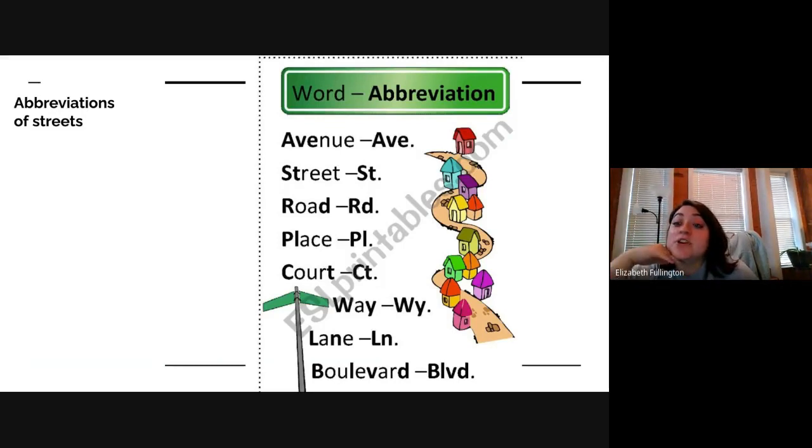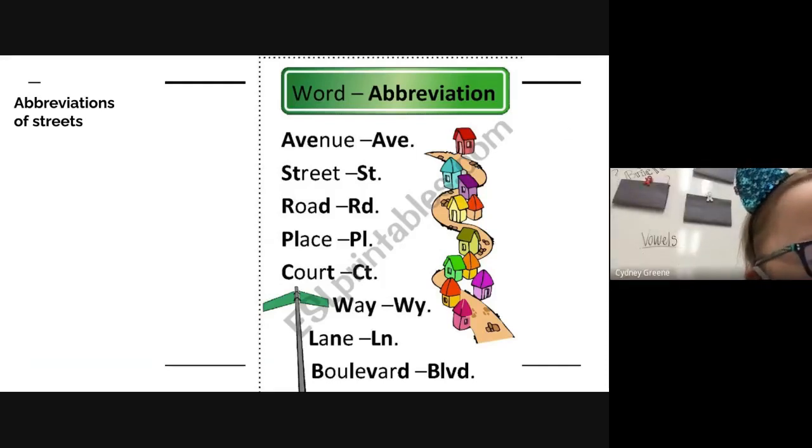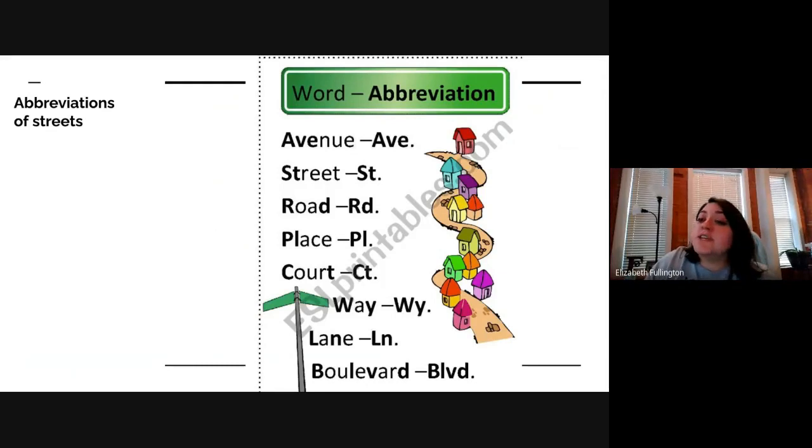Yeah, so circle is CIR, period. So circle is short too. That one was not on there, and I thought that was pretty odd because that's pretty common for little neighborhoods like that. I have one, but it's called Avenue. Mine's street because I live on a street.